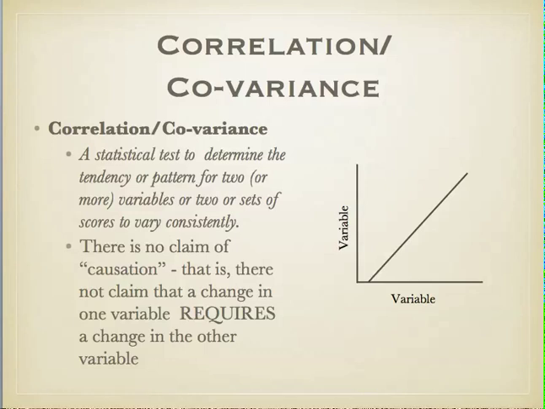A correlation basically is a covariance, which means that it describes the way in which two variables relate to each other. A technical definition is a test to determine the tendency or pattern for two or more variables or sets of variables to vary consistently.